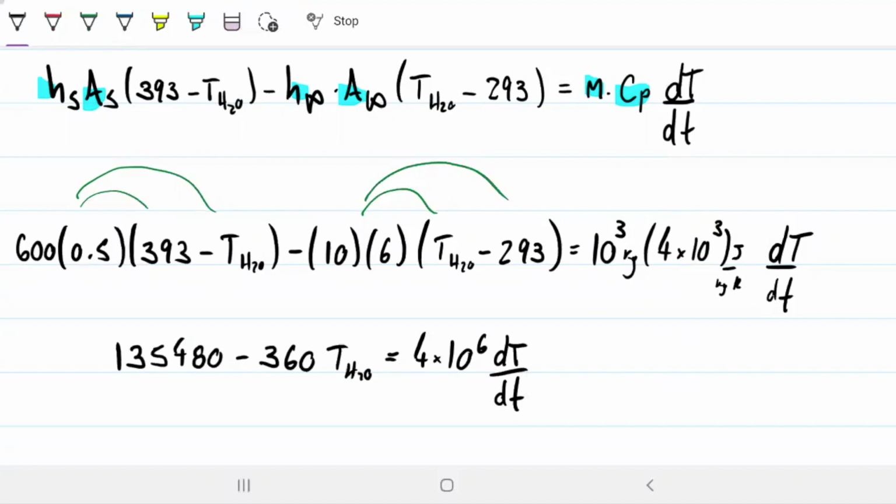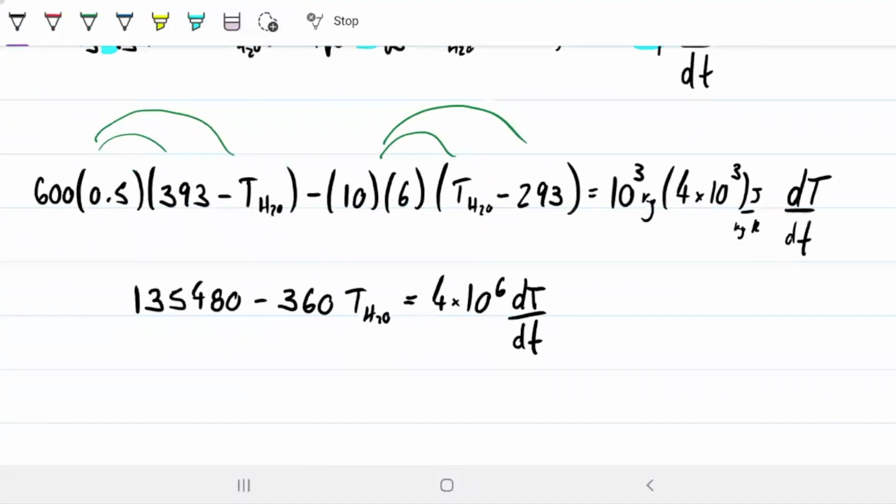Okay, what is this? This is the general equation that explains our problem. Let's actually write that down. This is the general equation that explains this problem.